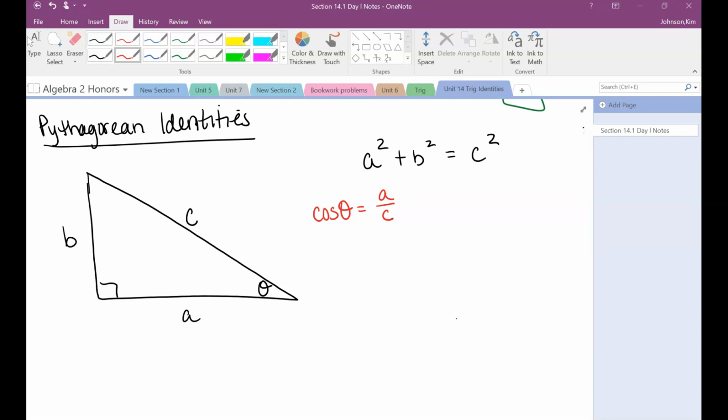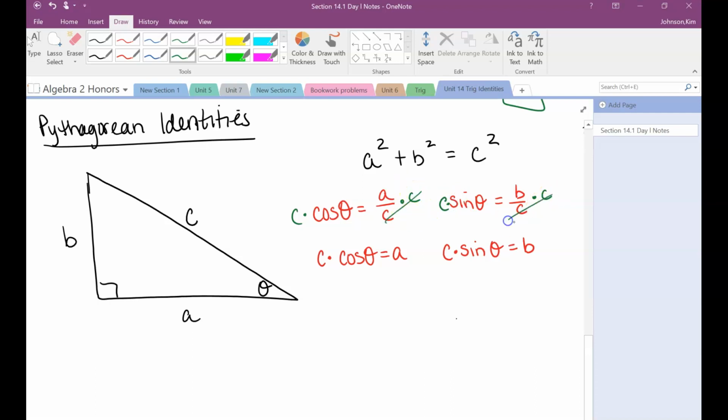So then I can rewrite a as c times cosine of theta. Similarly, I can think of sine of theta as b over c. So I can rewrite b as c times sine of theta. And if you're not sure how I did that, I just multiplied both sides by c, to divide out those c's.